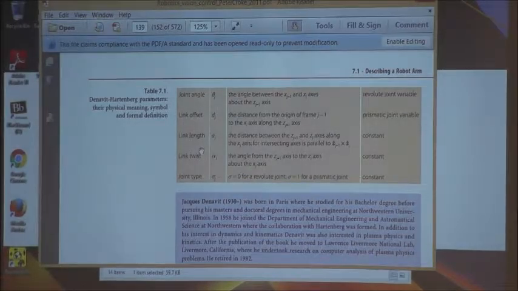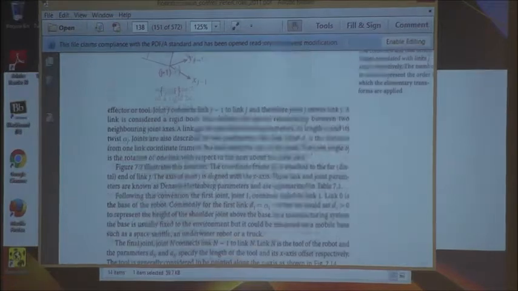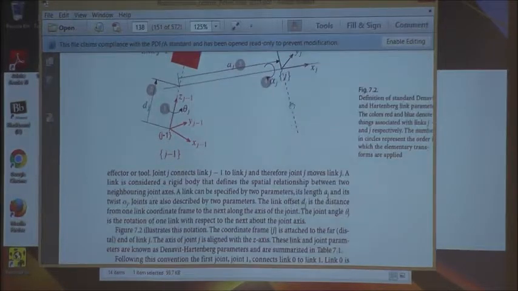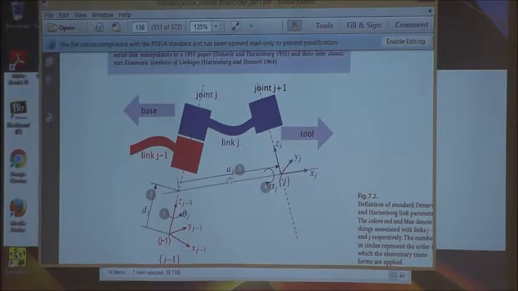And then the next one is a j, which is called link length. As you can see here, this is the length from here to here. The same normal is also from here to here, so regardless of the orientation of the two axes, the normal between these two doesn't change. It's consistent. It's also called the length of link j, so length j is the same as a j.